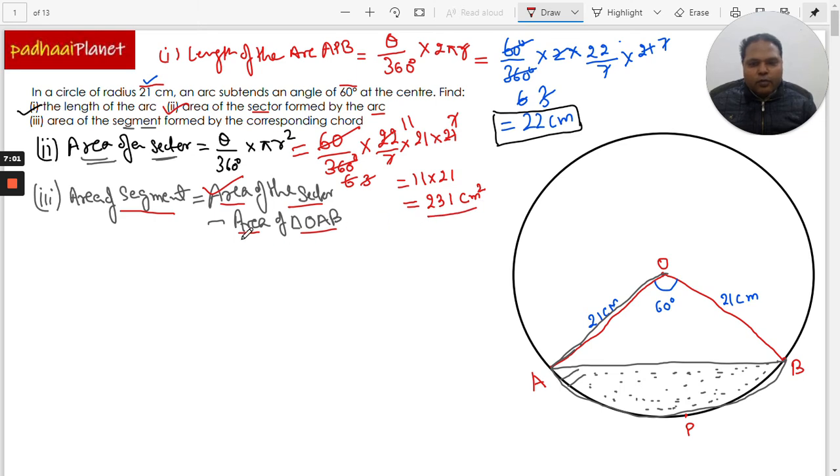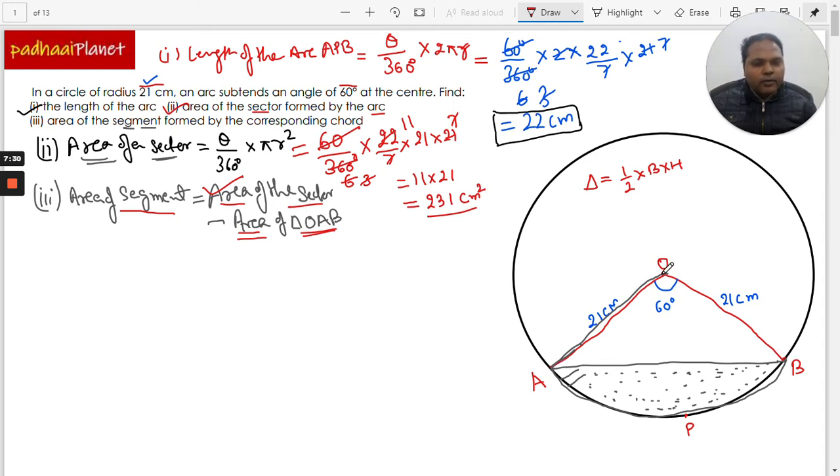What we need to calculate is the area of the triangle OAB, right? So let's find that out, and to do that we will have to find the length of AB, because we know that the area of any triangle is equal to half into base into height, right? So we don't know the measurement of the base, that is AB.